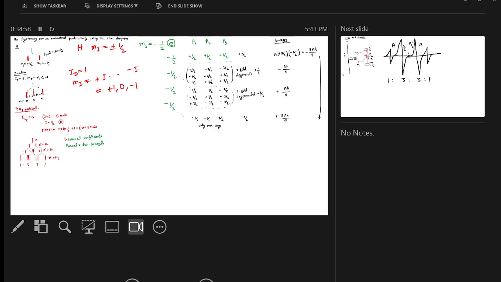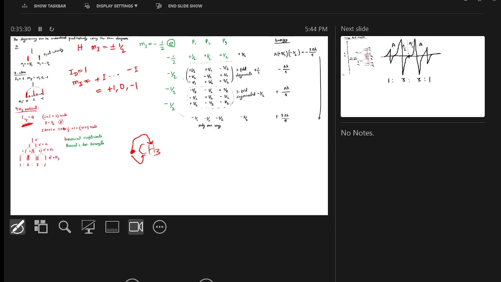Let's try to understand the CH3 radical. Here there are two kinds of atoms, carbon 12 and hydrogen. For carbon 12, I is 0, so there will not be any hyperfine interaction between this carbon and the free electron. But this free electron can interact with the hydrogen, correct?